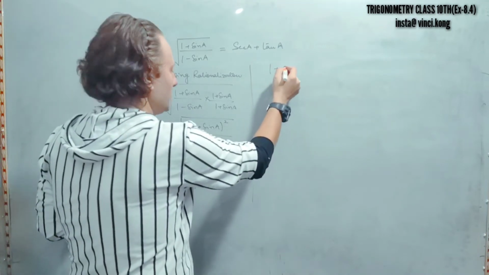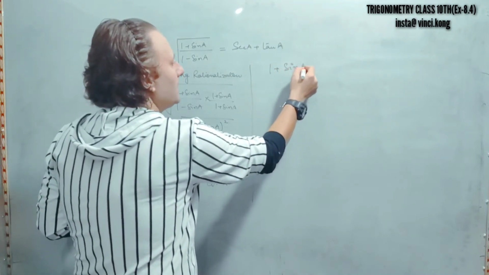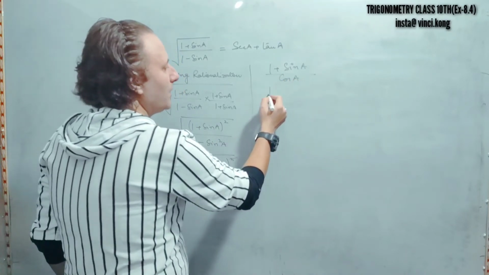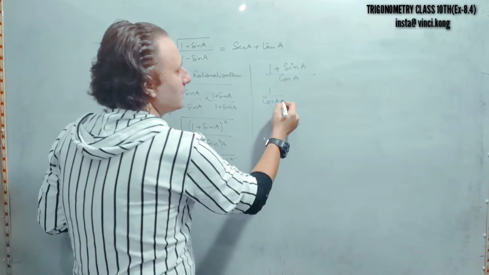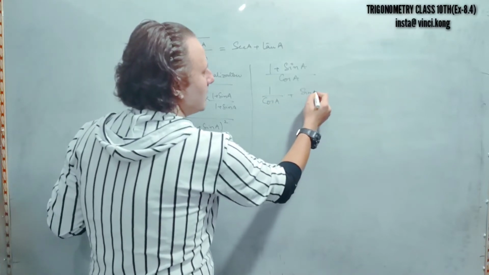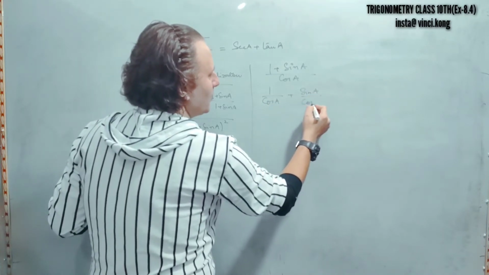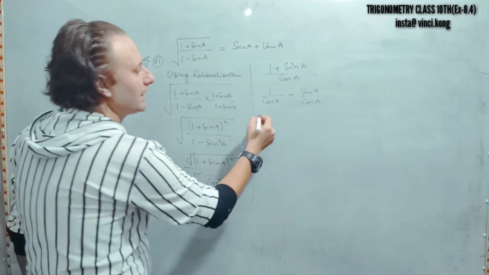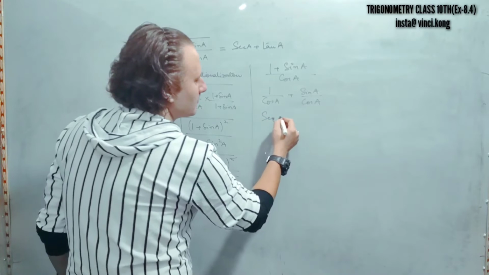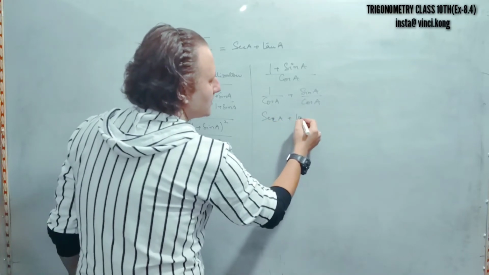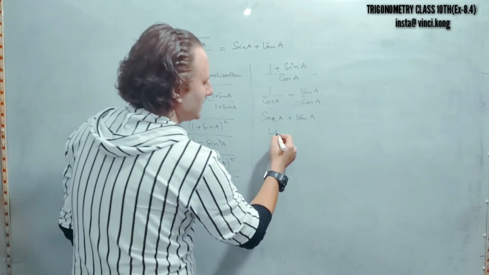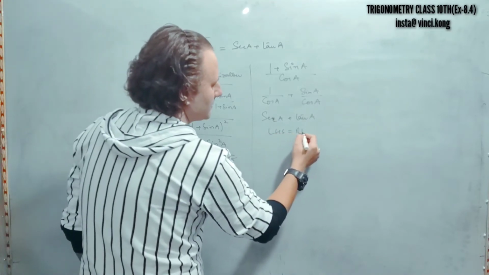I have 1 plus sine A upon cos A, 1 upon cos A plus sine A upon cos A. Now 1 upon cos A is sec A. Sine A upon cos A is tan A. That's what we wanted. So LHS is equal to RHS.